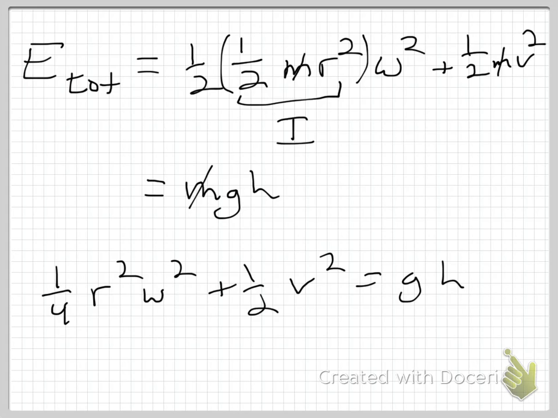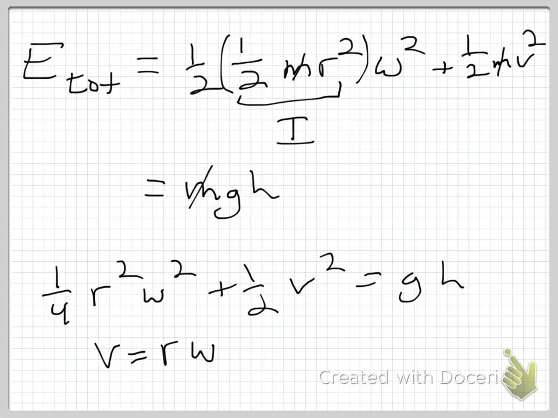Alright, so here's where the tricky thing comes in. If you look on your formula sheet, or think back to class, or look in your chapter, what you'll find is that the translational velocity of a point on the rim of the wheel is equal to r omega. So this is actually what we're looking for, the translational velocity.